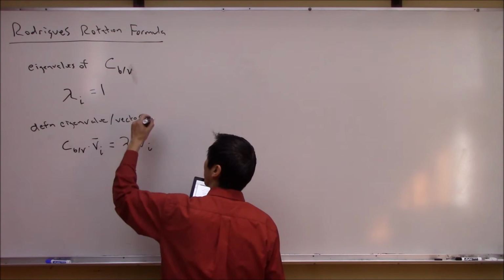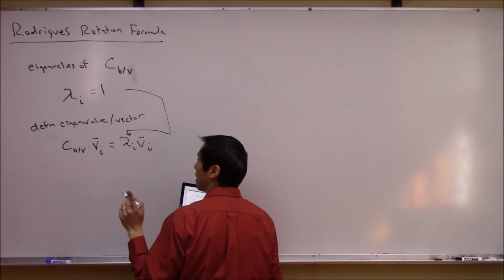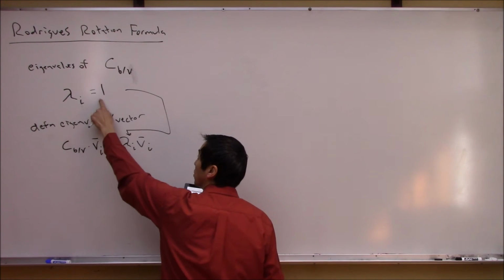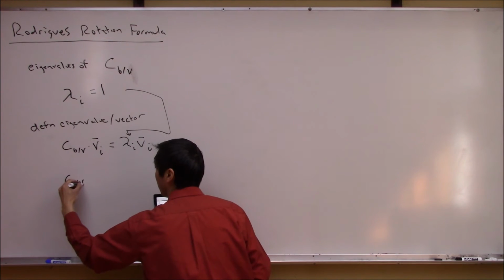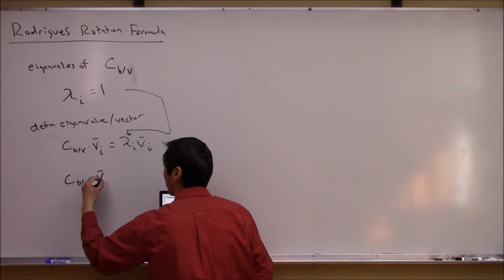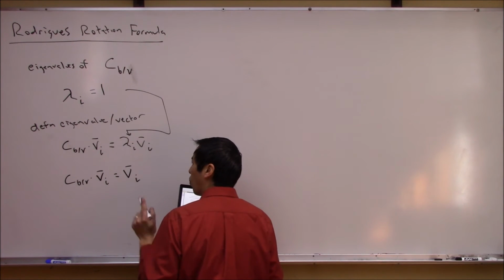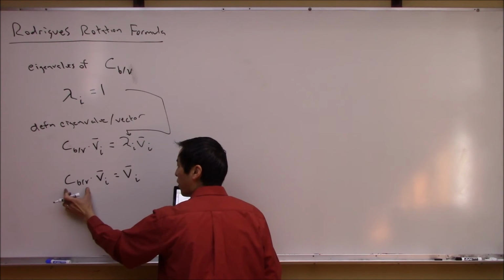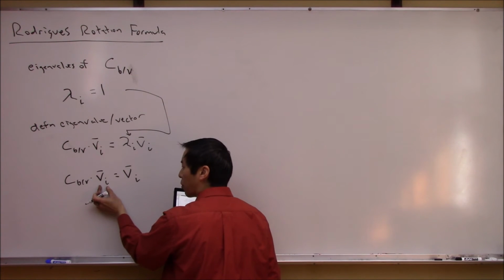Well, what is this eigenvalue for this particular one? If I look at the eigenvector-eigenvalue pair associated with the eigenvalue of just 1, we end up with CBV times VI is equal to VI. What does this mean? This is a rotation matrix, and this is the vector that the rotation matrix is operating on.